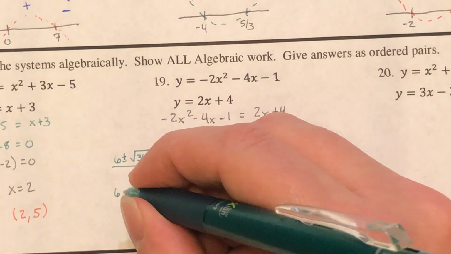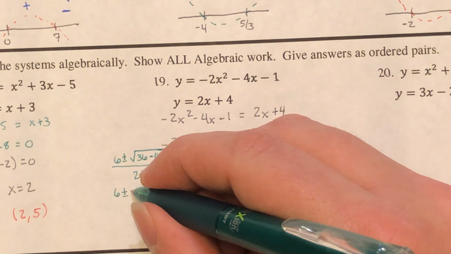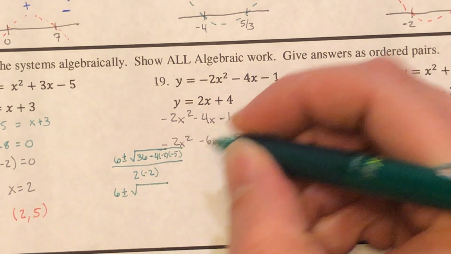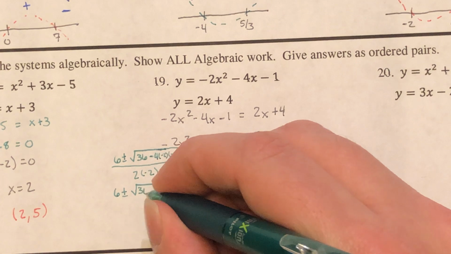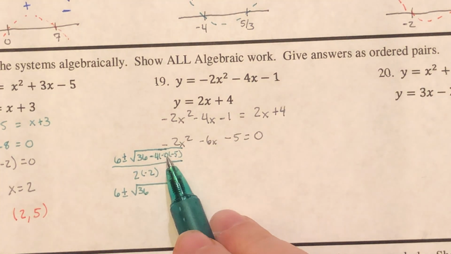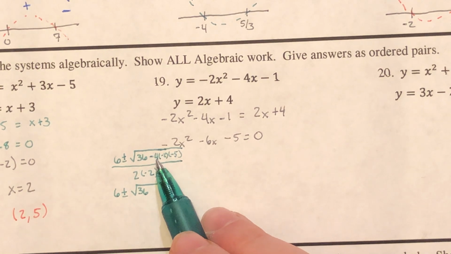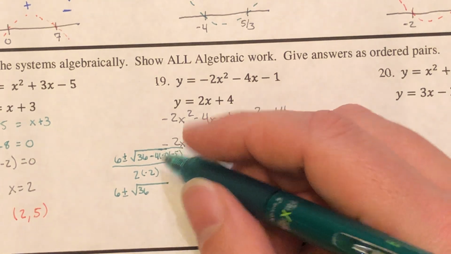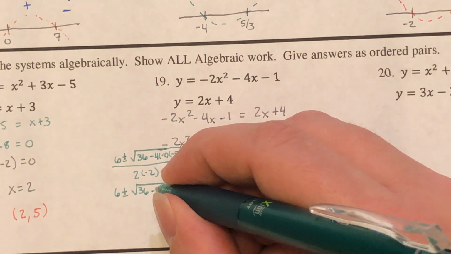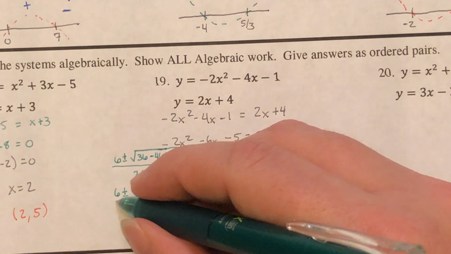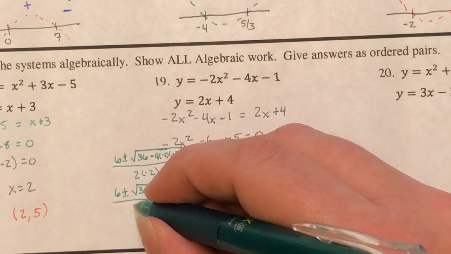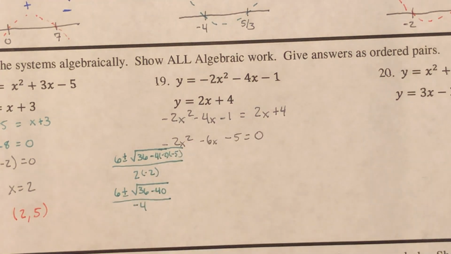So that is 6 plus or minus the square root of 36. -5 times -2 is +10 times 4 would be 40. So minus 40, all over negative 4.